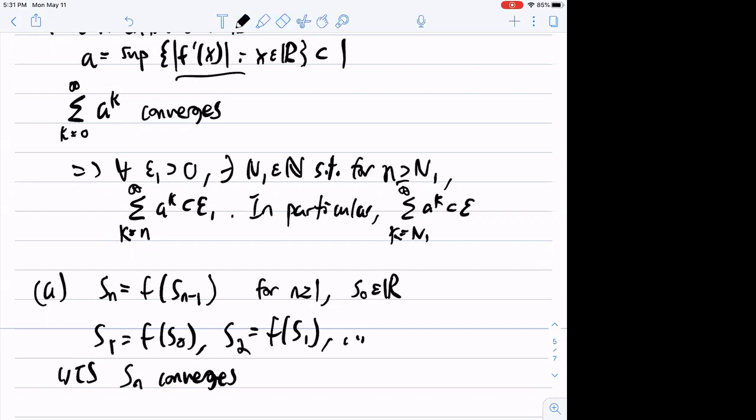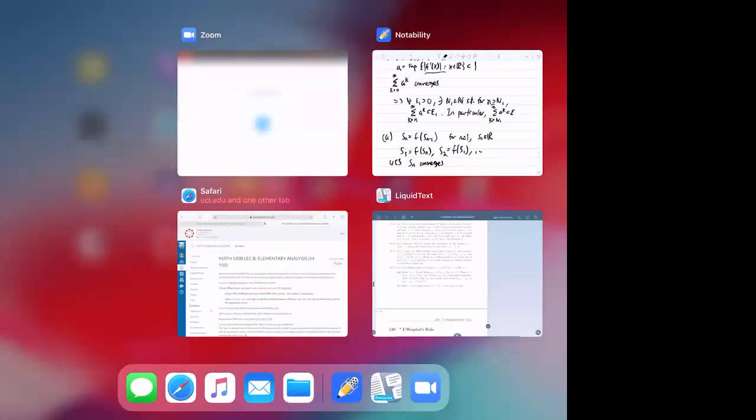Now, I don't know what this limit is, so I can't really use the normal epsilon definition. So how do you show a sequence converges? Anyone remember?